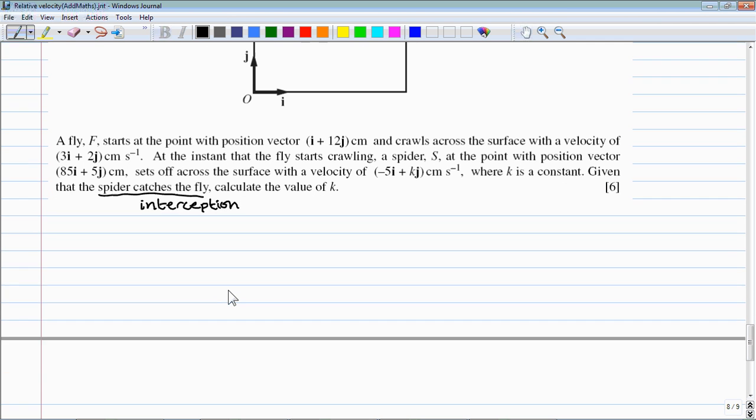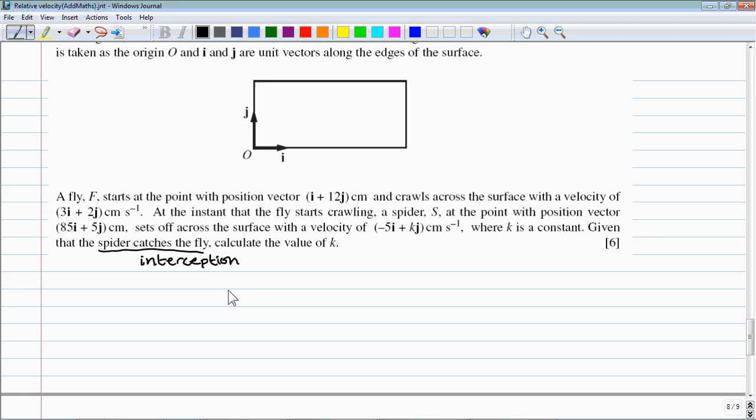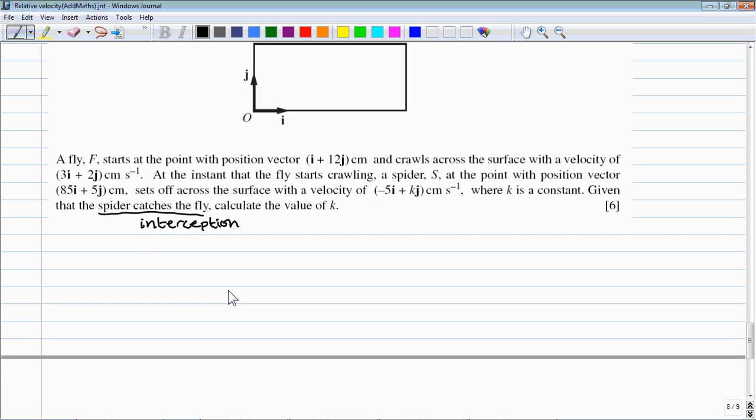So this problem is tailor-made for the method that I've just taught you, because here we can say, let's use S for spider and F for fly. Oh, that's actually given in the question, sorry. So at a certain time t, the displacement vector of the spider is the same as the displacement vector of the fly.